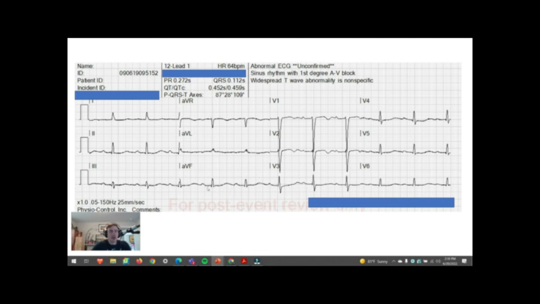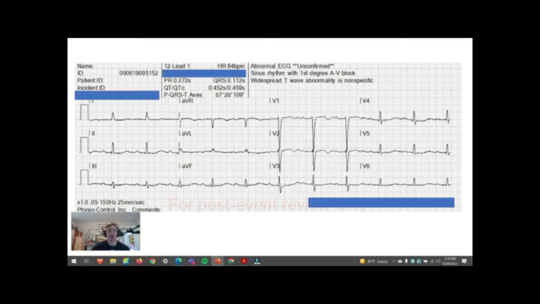But if I draw a vertical line directly in between the R to R intervals, and the end of the T wave is longer than that, then I have a prolonged QT interval. That is a down and dirty fast rule of thumb.